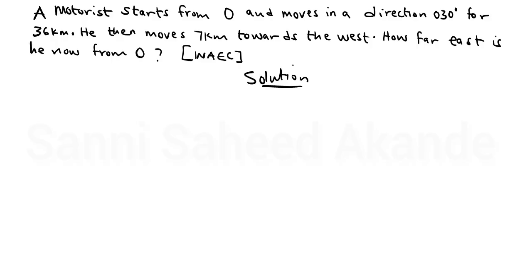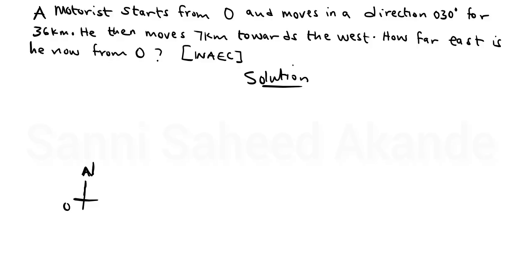Okay, so a motorist starts from point O. So let's take our point here. So this is our point O, and the motorist moves in a direction of 30 degrees for 36 kilometers. So if I start my bearing from this north, this is north. That's where you start your journey from.